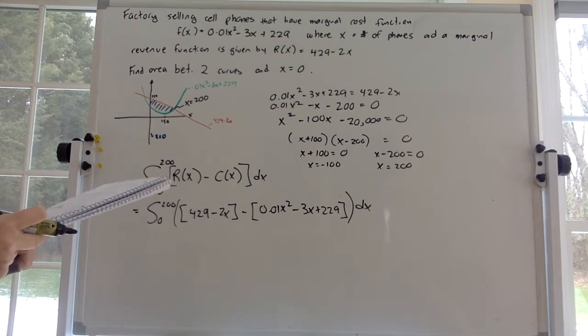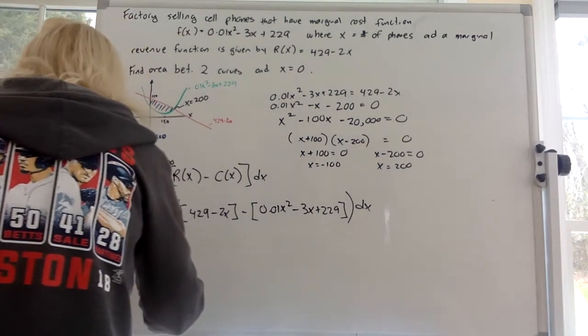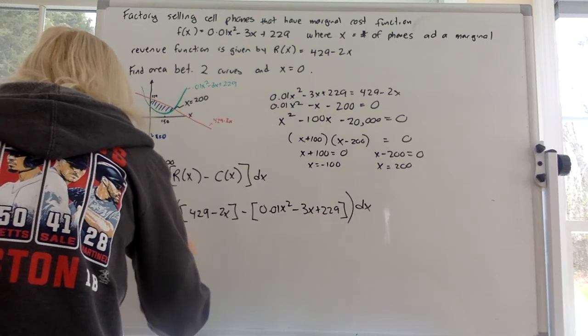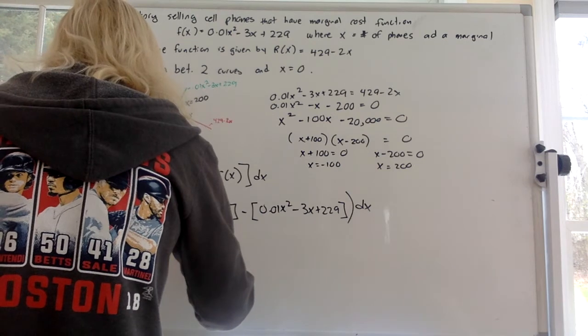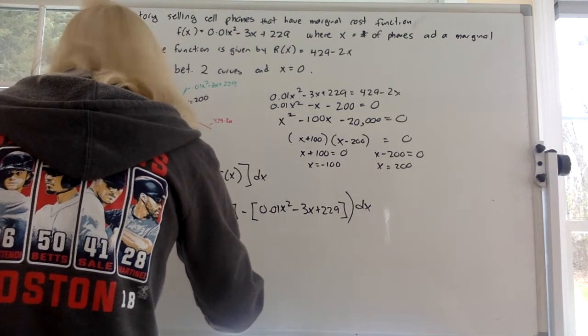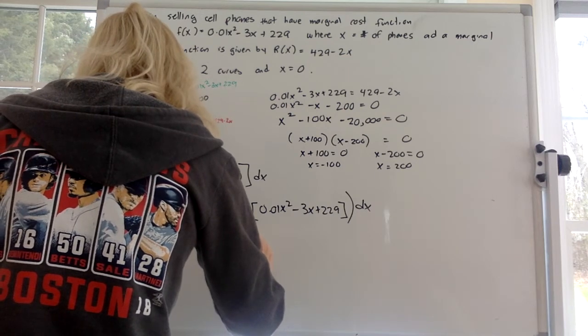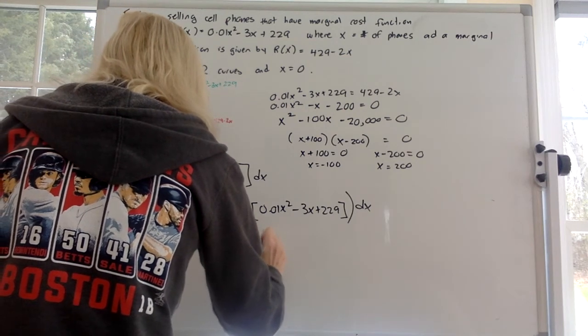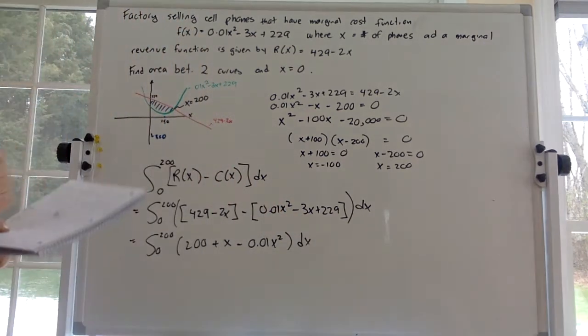So now I have to combine like terms, from 0 to 200. I don't know what I'm saying today. When I combined like terms, I got 200 plus x minus 0.01x squared. That's what I got when I combined all the like terms.